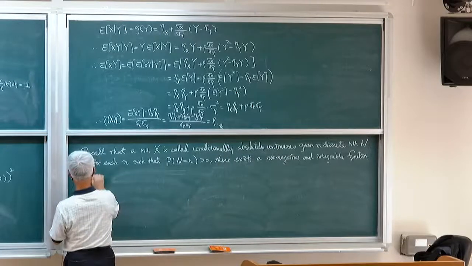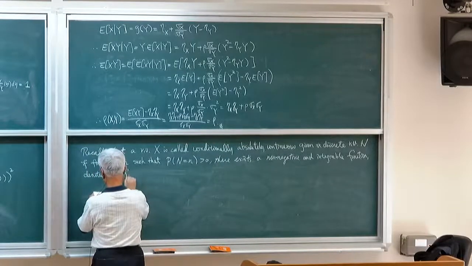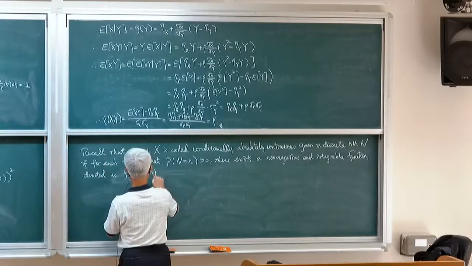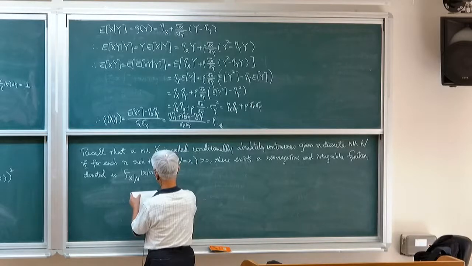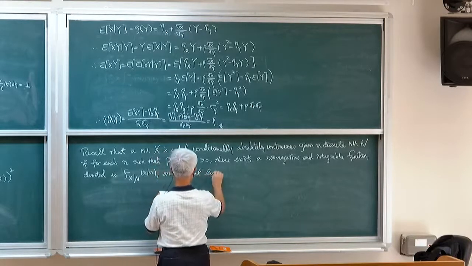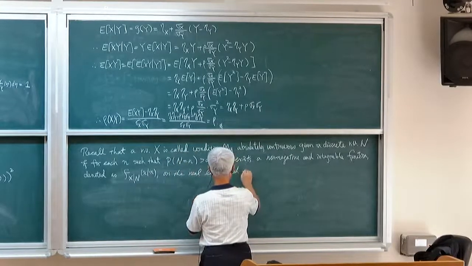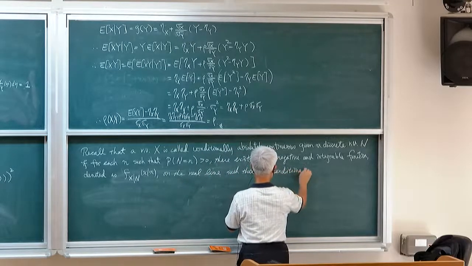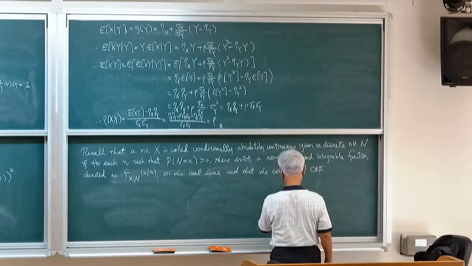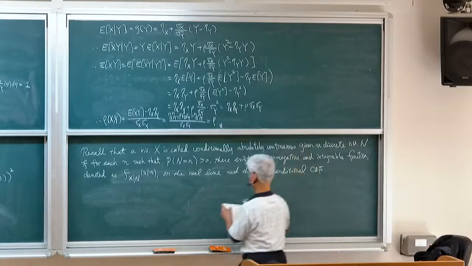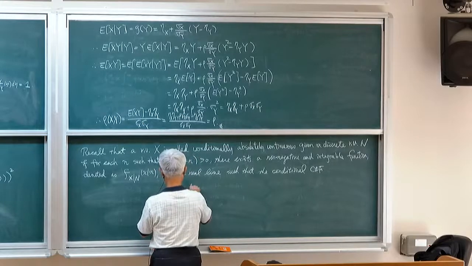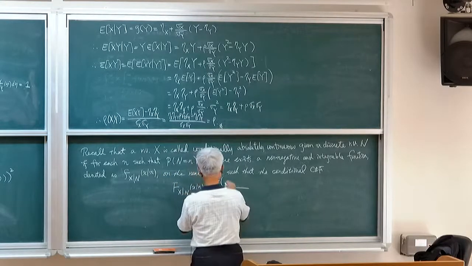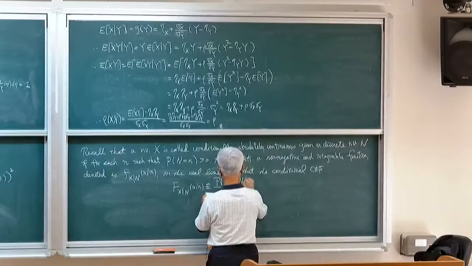This function will be denoted as f of X given N, of little x given little n, on the real line, such that the conditional CDF, defined to be the probability that X is less than or equal to little x given that capital N equals little n.